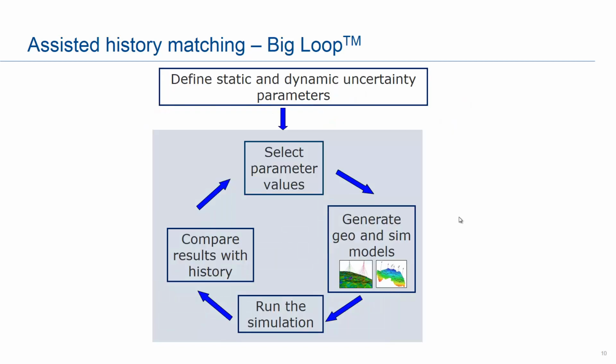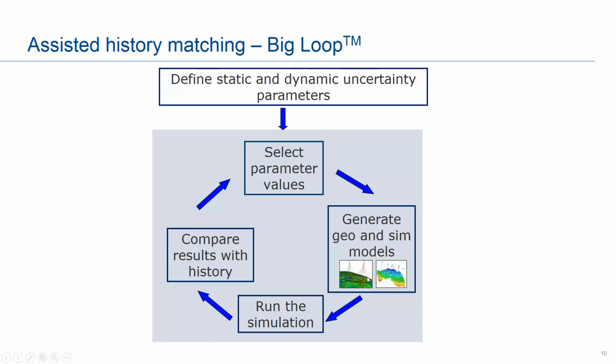So if you're using Tempest Enable, you do not have to limit yourself to just the dynamic model. You can also hook up the static model in the loop. So what you would need to do is specify what parameters you would like to change in your static and in your dynamic model, and the rest of the workflow would be the same as the previous workflow.